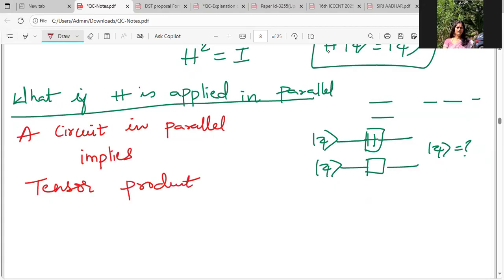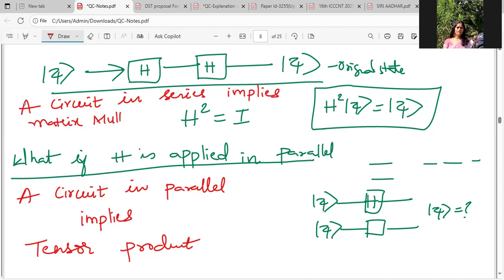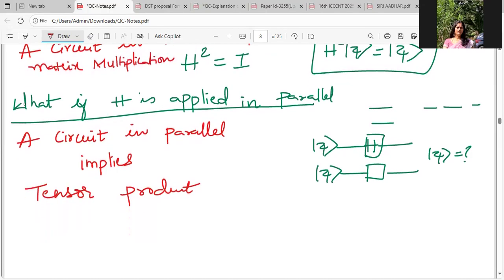Here again, I will write the same thing: a circuit in series implies matrix multiplication. This you should be clear. That's why I've written it in a different color.